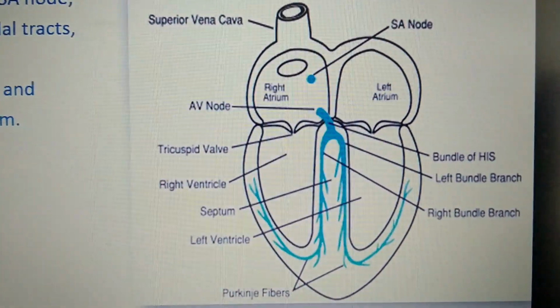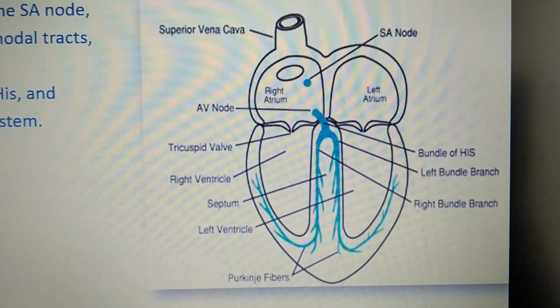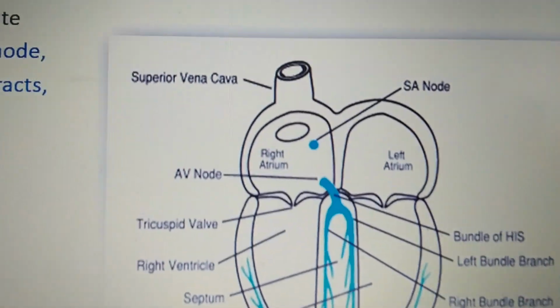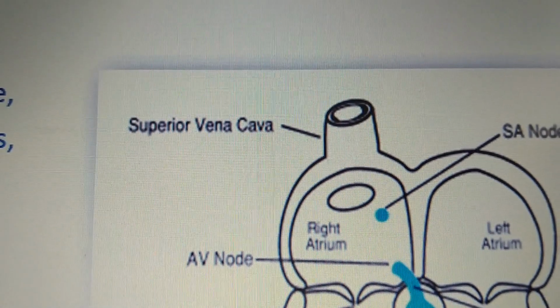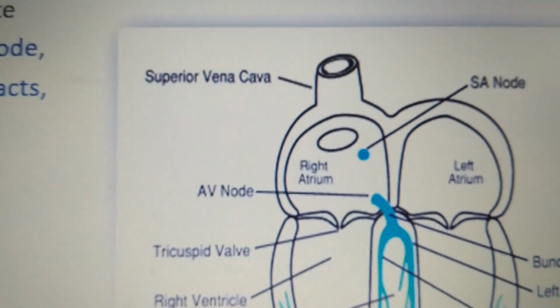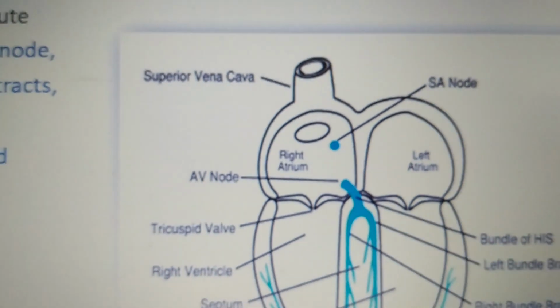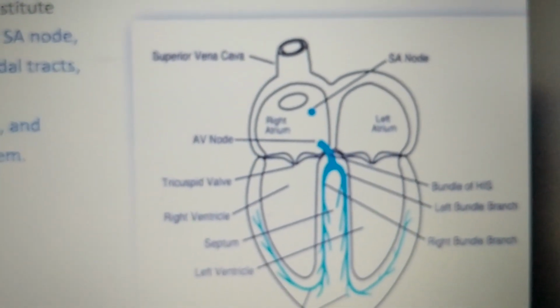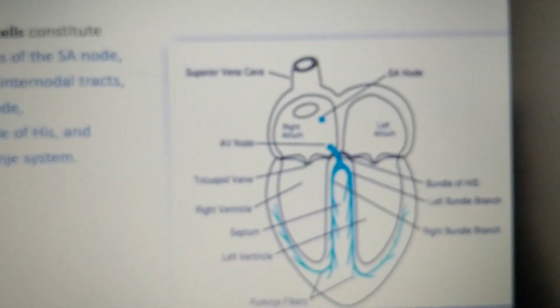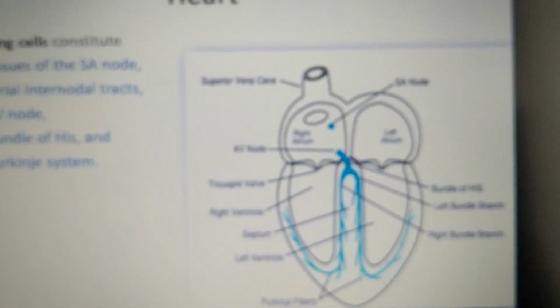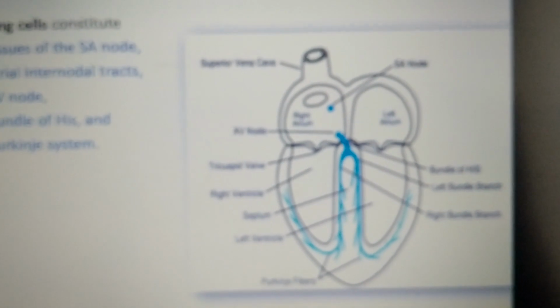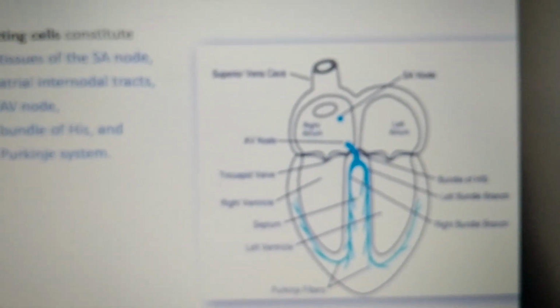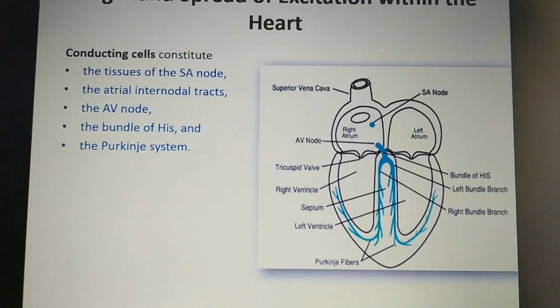You can see here in the right atrium, the blue structure is the SA node, then comes the AV node down below, then the bundle of His, which can be separated into two different parts known as the left bundle branch and the right bundle branch.